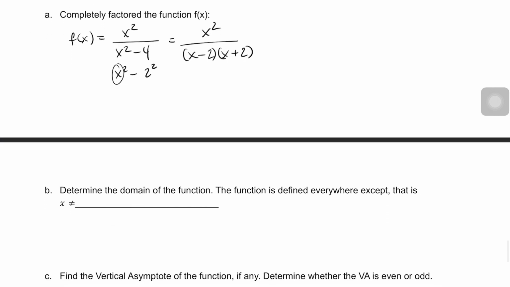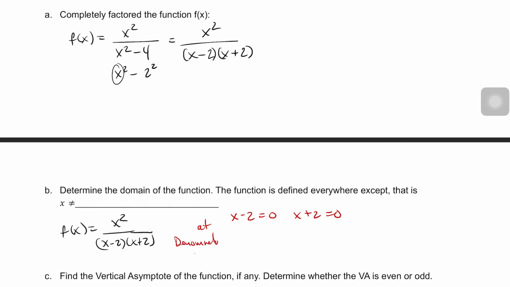Let's determine the domain of the function. That means where is the function defined, and we can see here that it is defined everywhere except where the denominator is equal to 0. And we can see that that happens at x equals 2 and x equals negative 2. So look at that denominator and set it equal to 0, right?